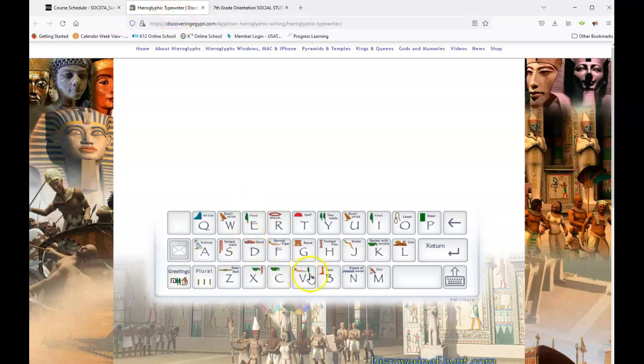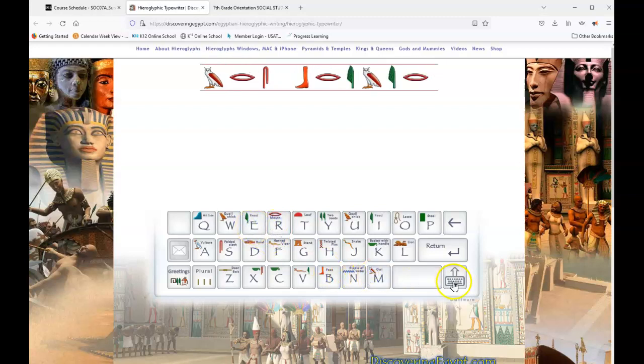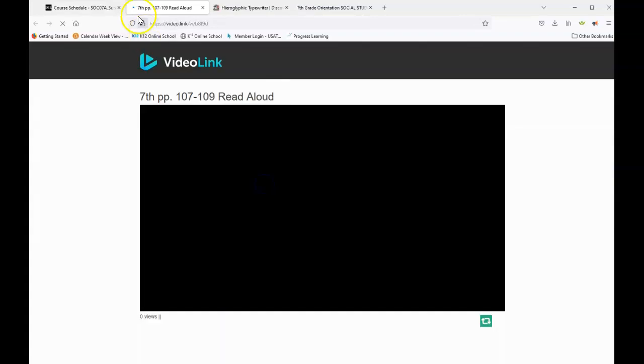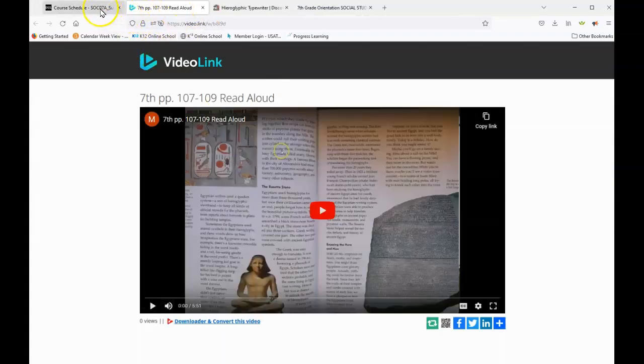So type your name. If I were to type Mrs. Bremer, that's what my name looks like. What does yours look like? Okay. There's the read aloud. If you click on that, the read aloud will open.